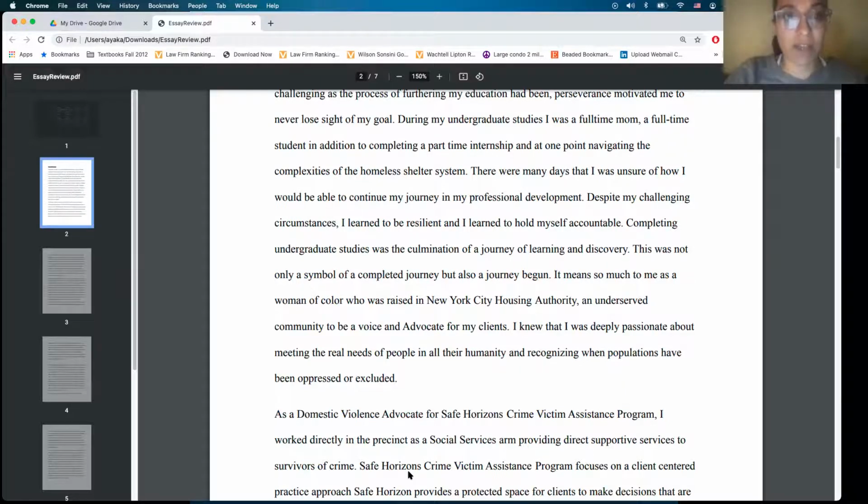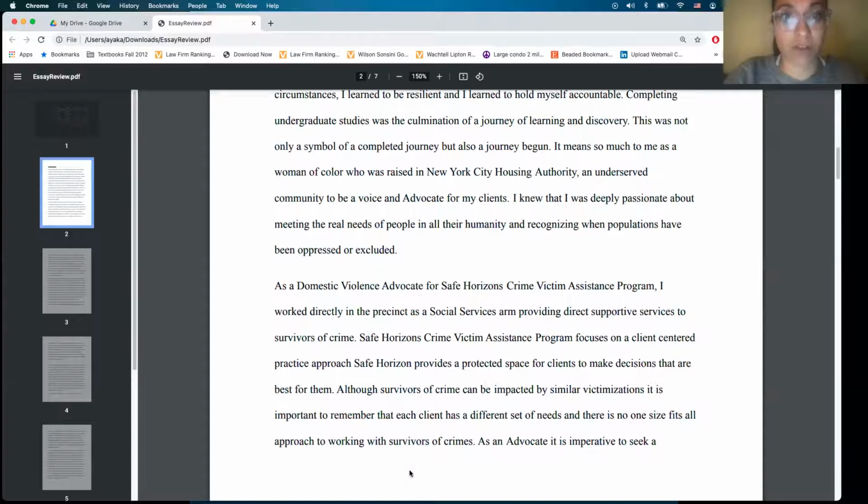There's a paragraph, it says, as a domestic violence advocate for Safe Horizons Crime Victim Assistance Program. And then it lists off what their role was, and it lists off how to do the role. And I love that. And that can shine in the resume.